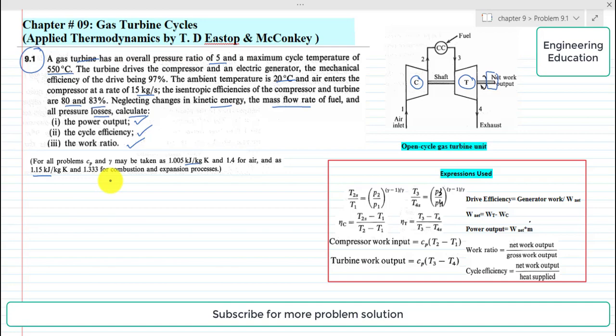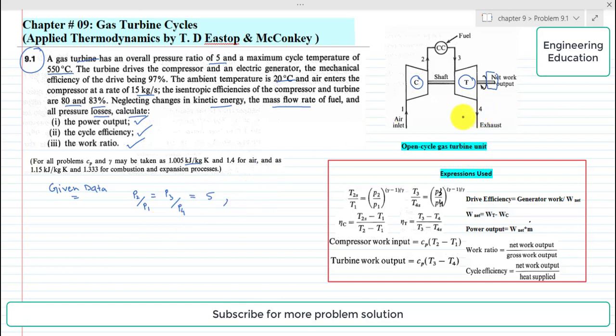So first we will write the given data. Pressure ratio is 5, P2 by P1, and it is equal to P3 by P4. This is the overall pressure ratio for both compressor and turbine, and it is 5.